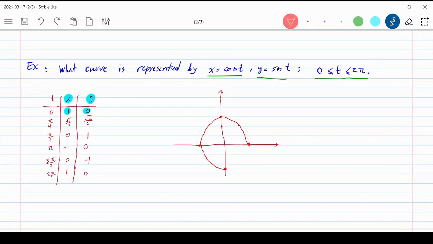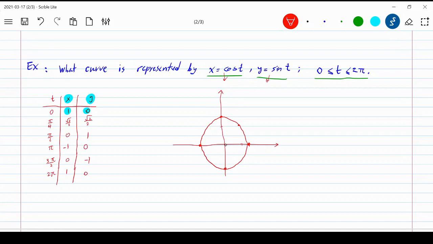And what you notice is basically you will get a circle. You cannot guess that it's a circle. You have to pick more points just to see if it's exactly a circle or not. Maybe this is not going to be a circle, but in this case, it tells you that the x-coordinate corresponds to cosine, the y-coordinate to sine.